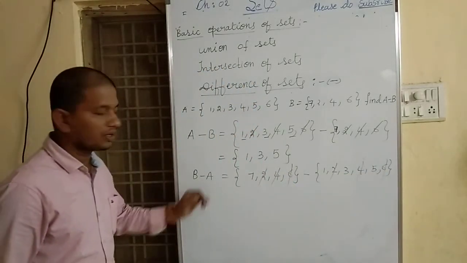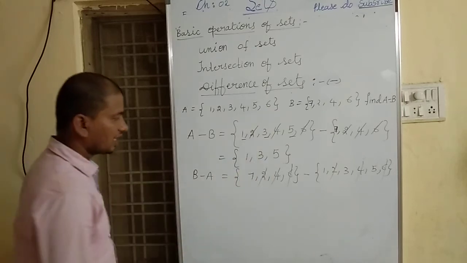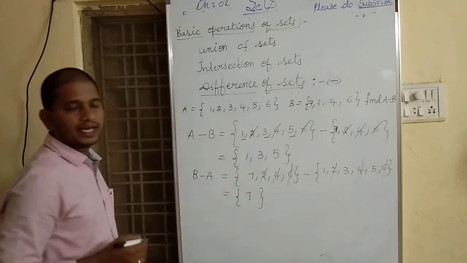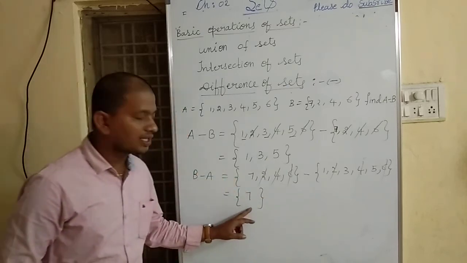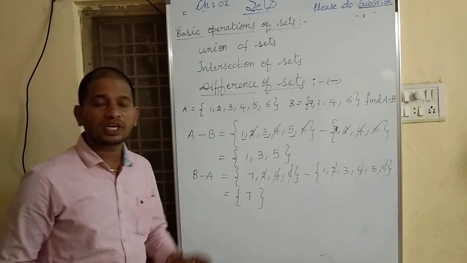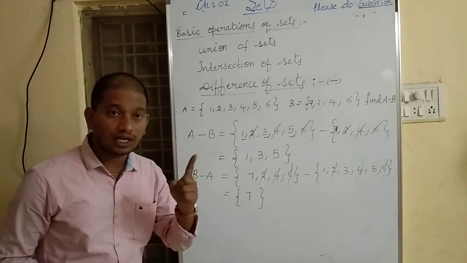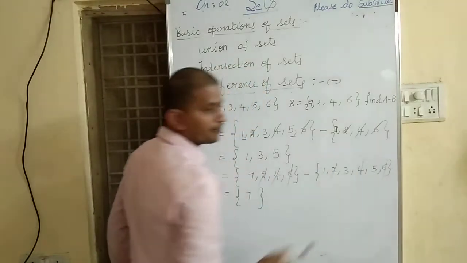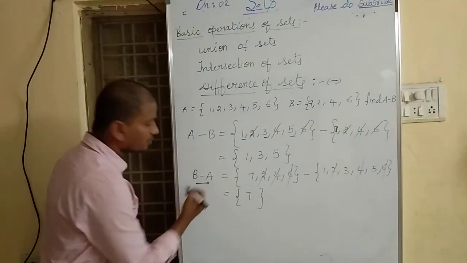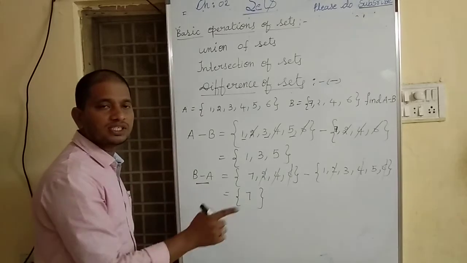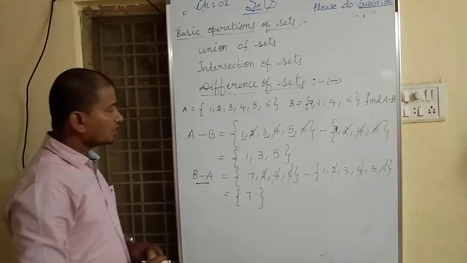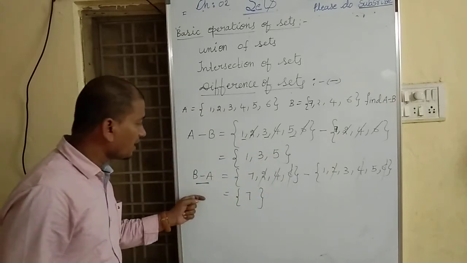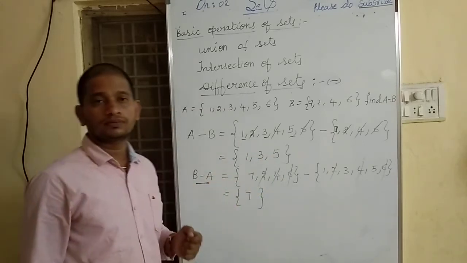Only the elements in B but not in A. The set contains only one element, 7, so we can say it is a singleton set. So we should not write 1, 3, 5, because we are doing B minus A. We should write only the elements in B but not in A. If it is A minus B, only the elements in A. If it is B minus A, only elements in B.